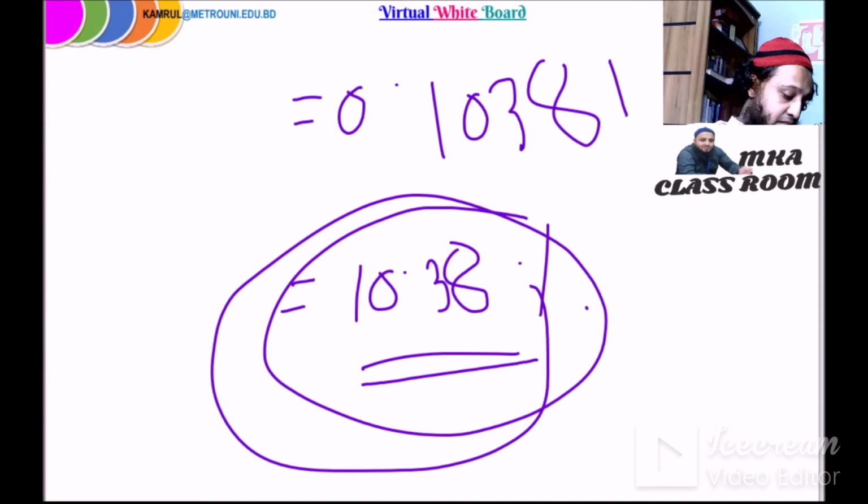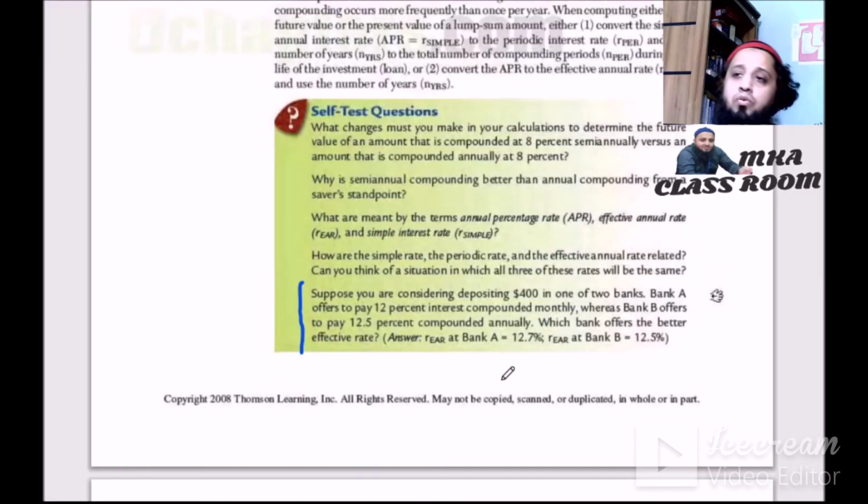Suppose you are considering depositing 400 in one of two banks. Bank A offers to pay you 12% interest compounded monthly, whereas Bank B offers to pay you 12.5% compounded annually. Which bank offers the better effective rate?